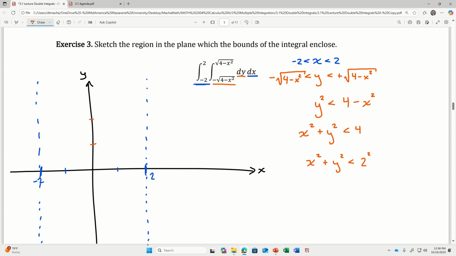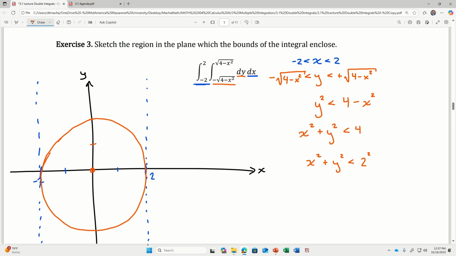And so what this is telling me is that the upper bound for y is this semicircle centered at the origin with radius 2. And look at the lower bound. Well, the lower bound is the same thing, but with a negative in front. So I'm allowed to get the same negative values of y. So that'll be the negative semicircle with radius 2, centered at the origin.